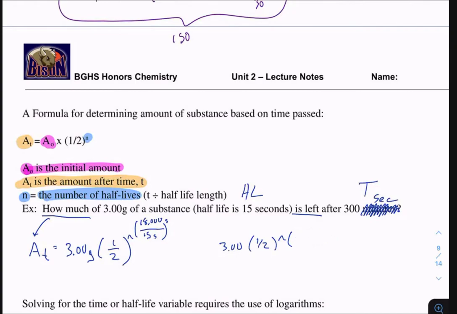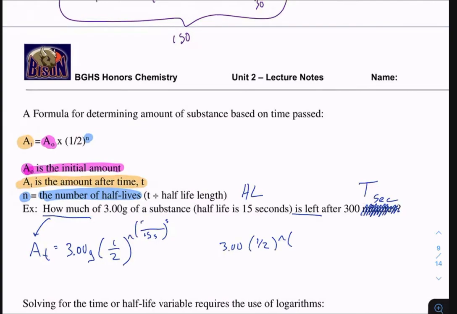All right, so our exponent is going to be 300 seconds over 15. Okay, that is much more reasonable.